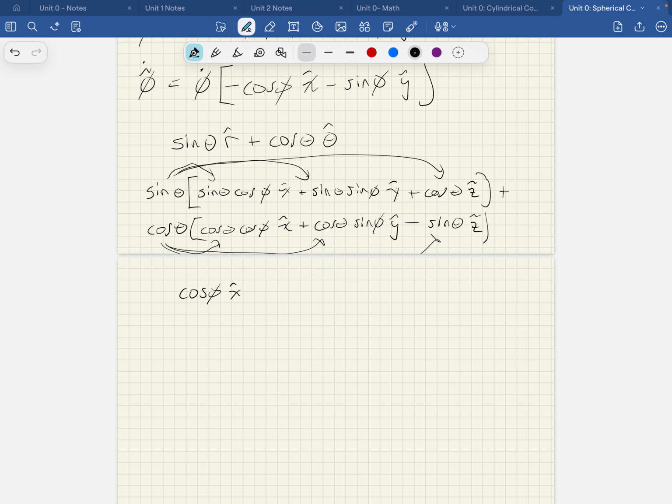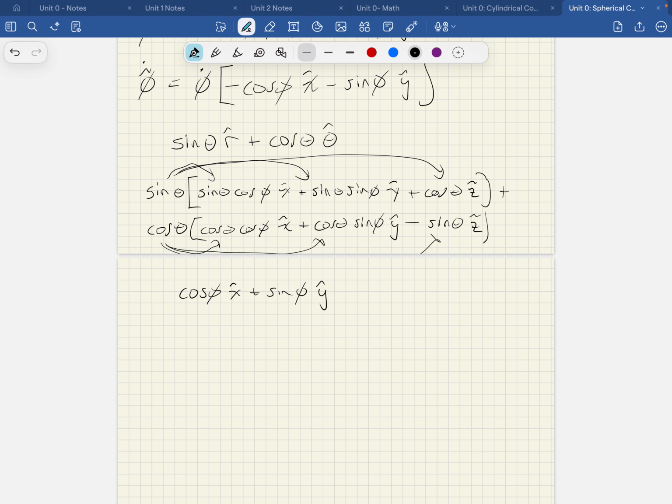In the y direction, I have sine squared sine phi plus cosine squared sine phi, which is just sine phi. And in the z hat direction, I've got sine theta cosine theta minus sine theta cosine theta.